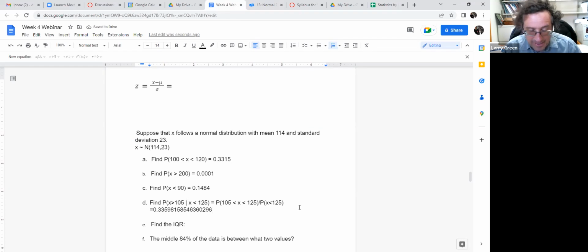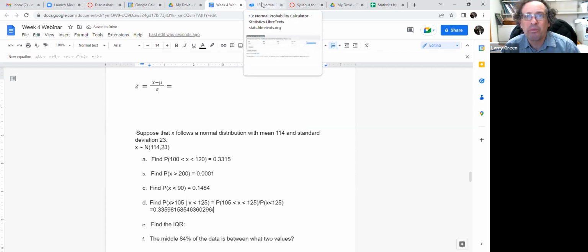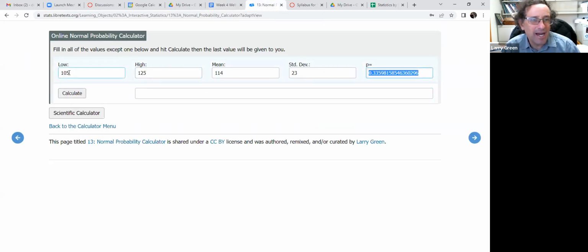And then I'm going to divide by the probability that we're less than 125. So now, being less than 125, what's the low? It'd be less than 125. What's the low? Wouldn't be too hard. But we've done one like it already.